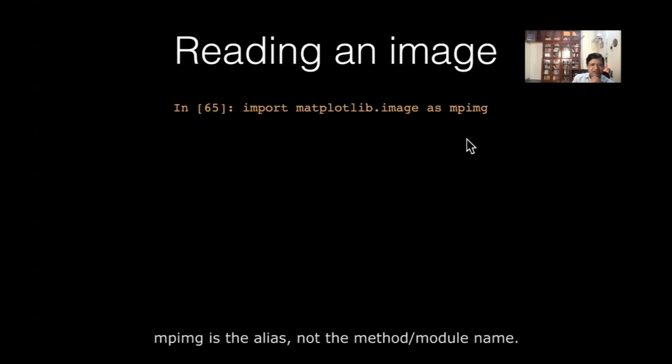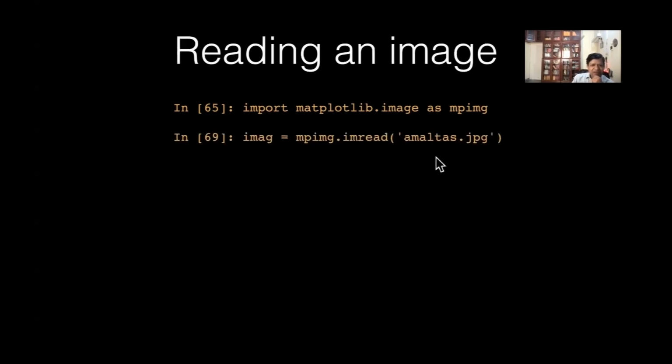So you can take a JPG file, like a picture from your camera, and use this module mpimg, which has a function called imread. It reads the JPG file and creates a NumPy array called img.